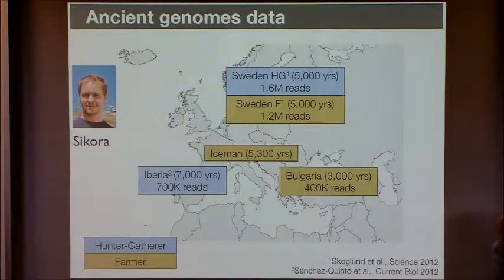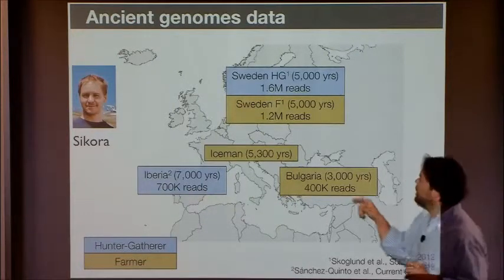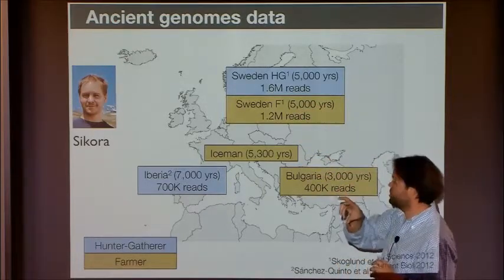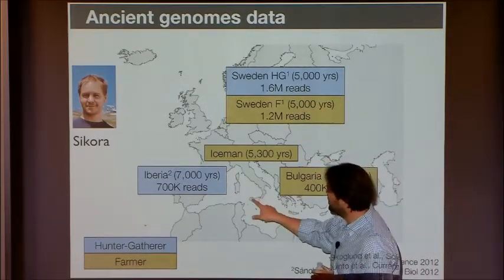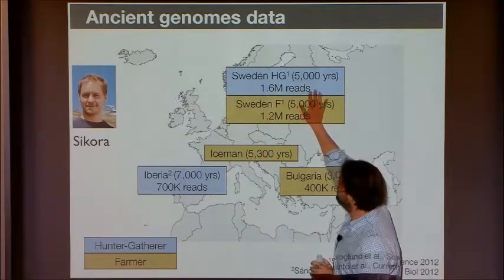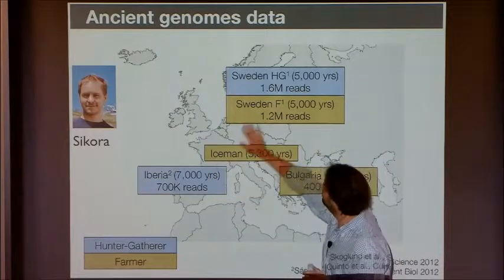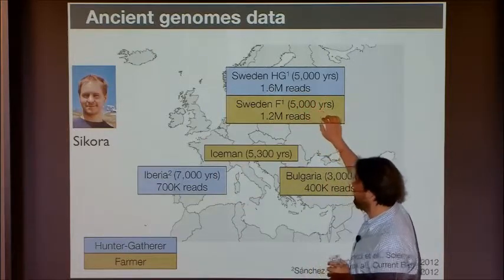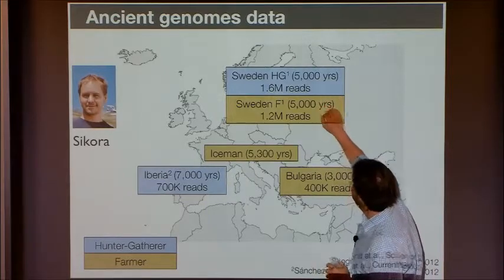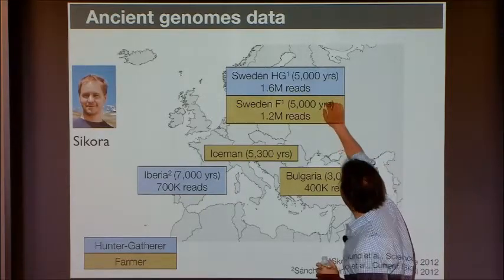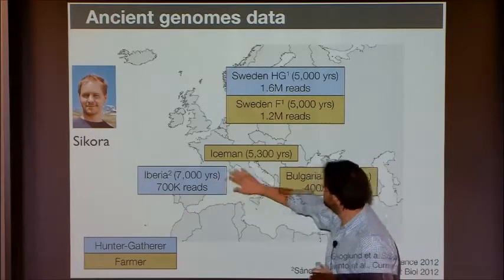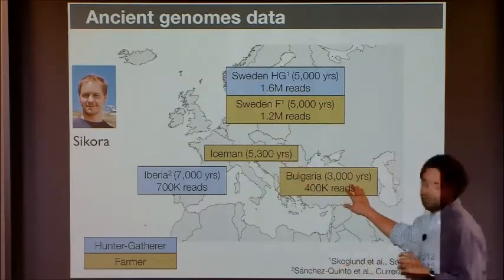I'll motivate it by going back to the question about where Sardinia fits in relative to the rest of Europe. So Martin took these hunter-gatherer samples. There's a Swedish hunter-gatherer data set that had come out from Pontus and a Swedish group. They had a hunter-gatherer and a farmer. There's the Iberian hunter-gatherer. We put in Iceman and the Bulgarians.